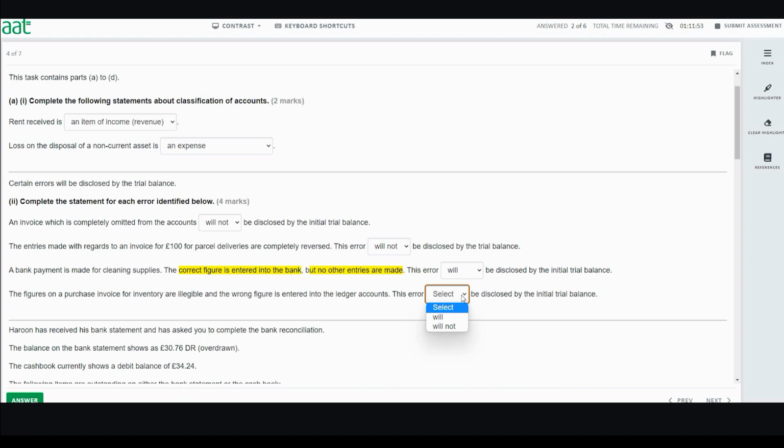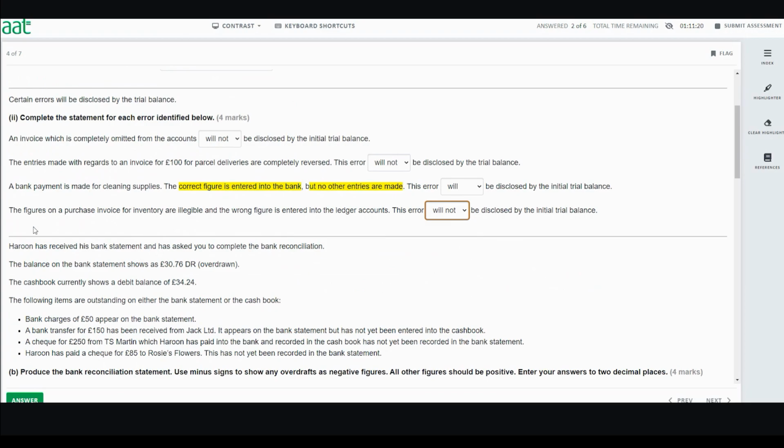That figure's been carried through the accounts, so it will not be disclosed, because we've entered the wrong figure from the start when entering the invoice, and it's been taken through the accounts. So it will not be disclosed in the trial balance. Again, with things like that, it's 4 marks. Just take your time and pull it to bits and really think about it, because they are 4 easy marks to achieve.